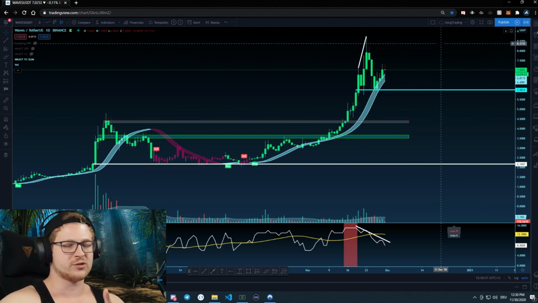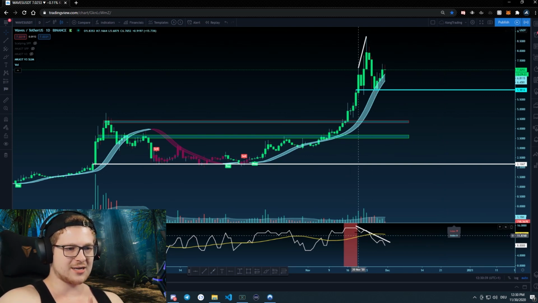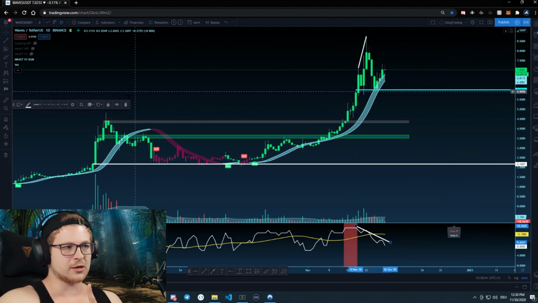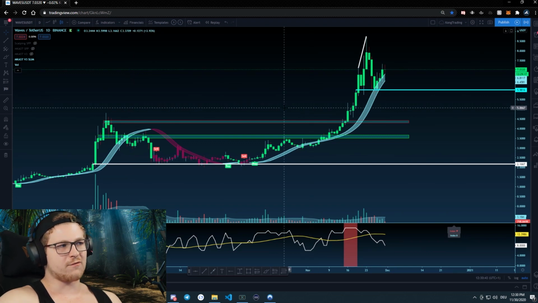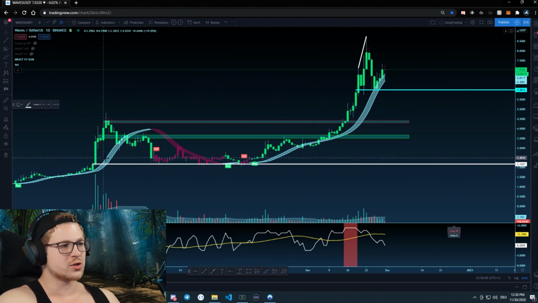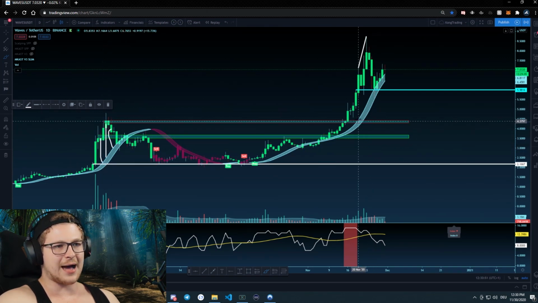Also, a divergence doesn't have to be on an oscillator. Where you can see a divergence is sometimes also the difference between your moving average or your ribbon or anything like that.